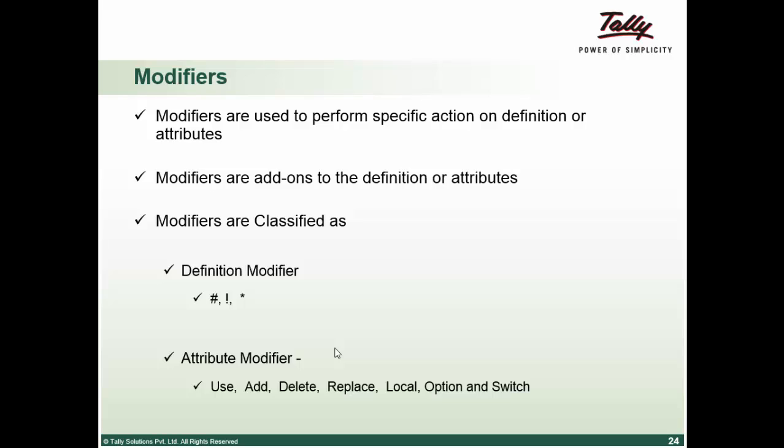We also call this asterisk mark as reinitializer. Hash we have already seen. Attribute modifiers are use, add, we have already seen add, delete, replace, option, switch and local.